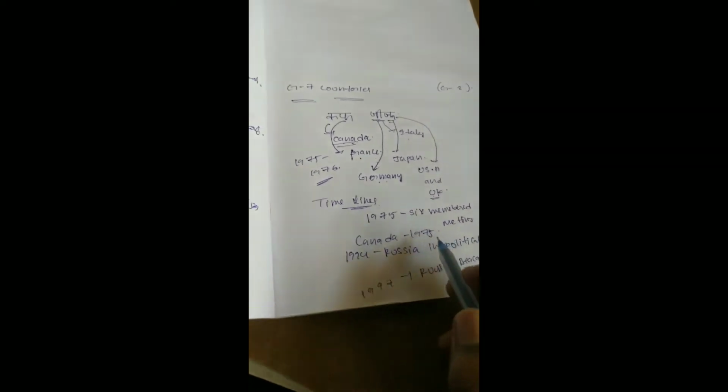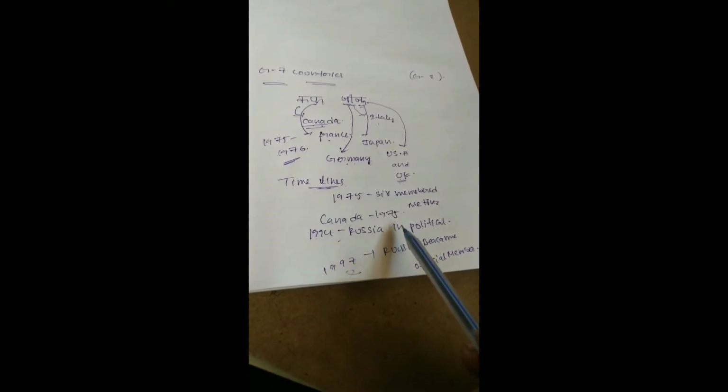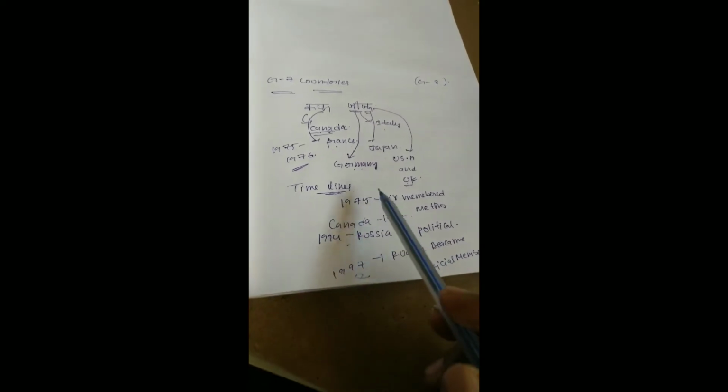So then, when Canada, France, Germany, Japan, Italy, USA and UK are there, these 7 countries, and again in 1994 Russia joined, and in 1997 Russia became an official member. So this one became the G8 actually.